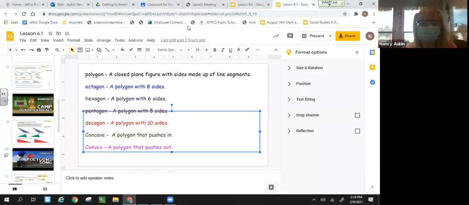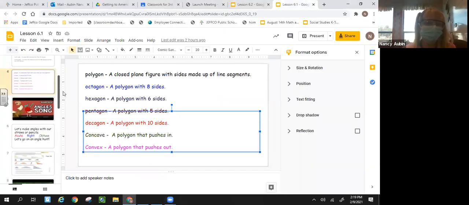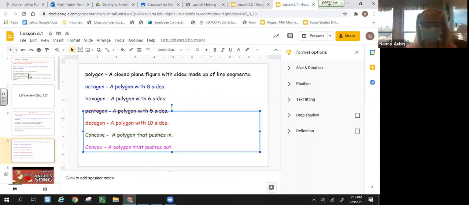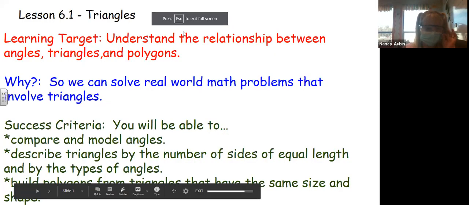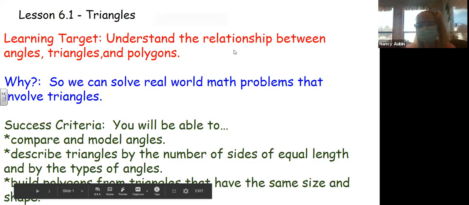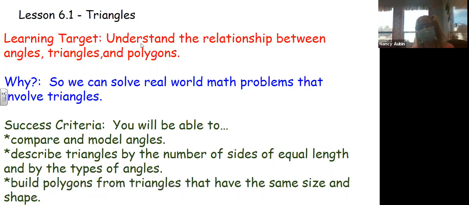All right, so yesterday, our learning target was 2, and I'm going to start with yesterday's assignment because it was a long one and we didn't get to finish. We were to understand the relationship between angles, triangles, and polygons so that we can solve real-world math problems that involve these things, and triangles as well.